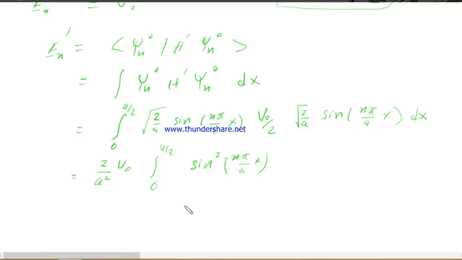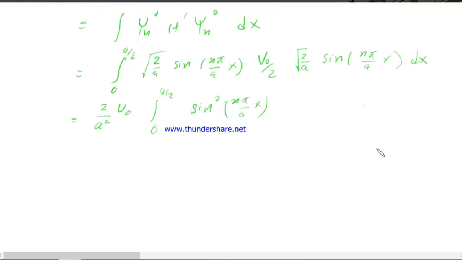Okay, we use the half-angle trigonometric formula: sine squared theta is equal to 1 minus cos 2 theta, divided by 2.